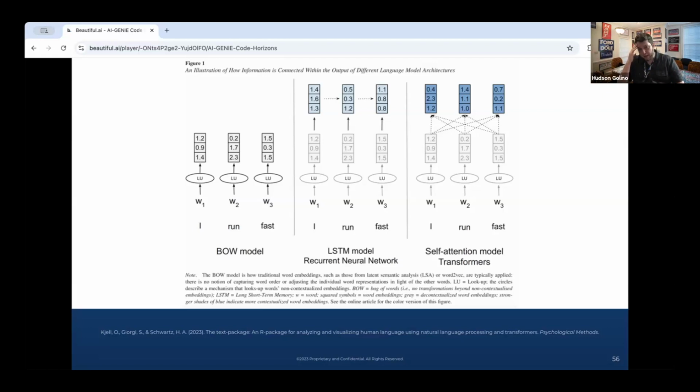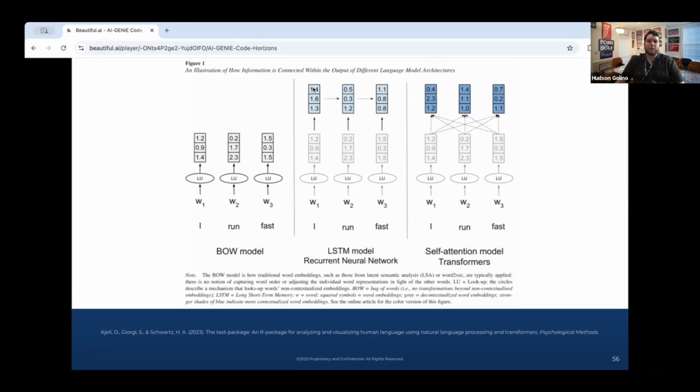When the first long short-term memory recurrent neural network models were proposed, word embeddings evolved to something a little bit more sophisticated. Now we don't have only the words being translated as a high-dimensional vector of numbers, but we also have some kind of linguistic context embedded in these embeddings.